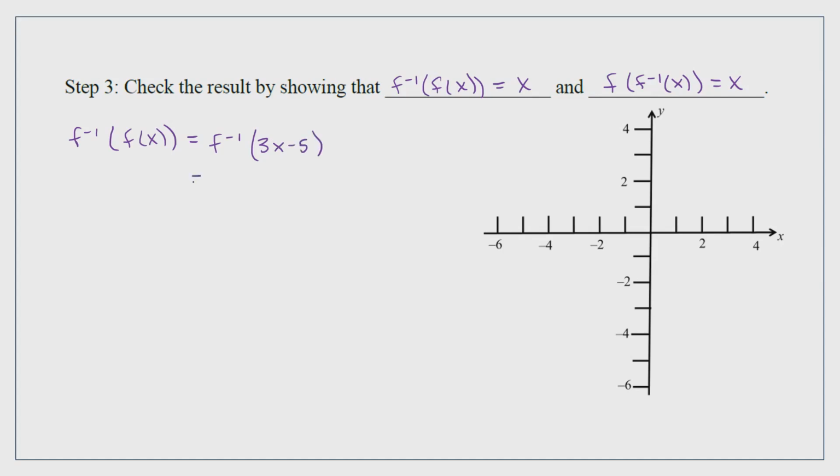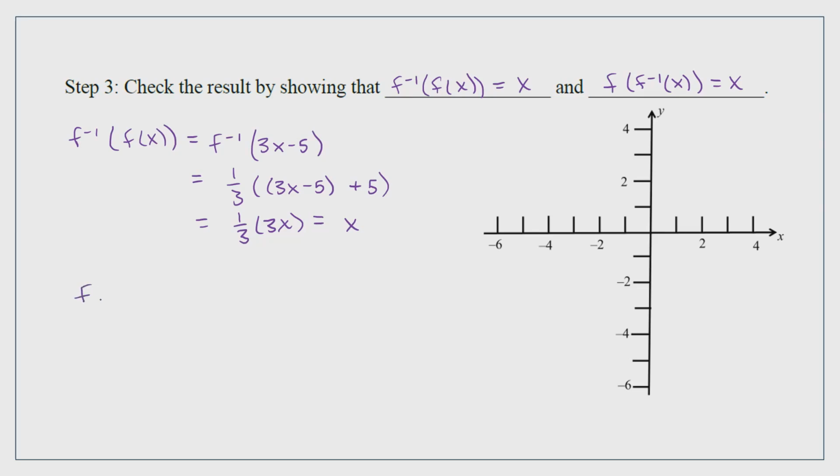Okay, so then we're going to substitute that into the inverse function, and our inverse function was 1/3 times 3x minus 5 plus 5. So the 5's cancel, which gives us 1/3 times 3x, which gives us x. All right, so the first part is true.